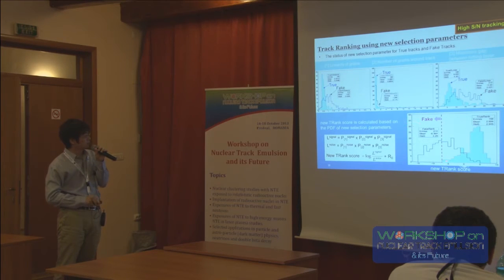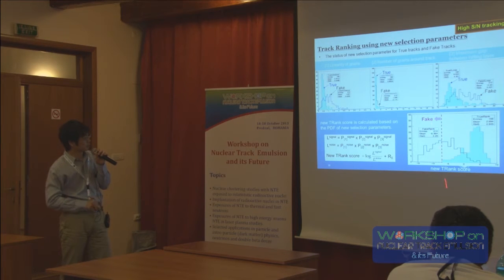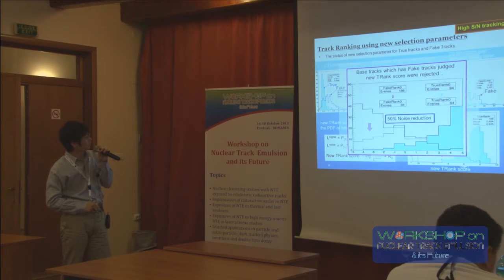This is the true track distribution and fake track distribution, and in this region we can reject. As a result, the base tracks which are fake tracks, judged just by the new track ranking score, were rejected. So about 50% noise reduction.